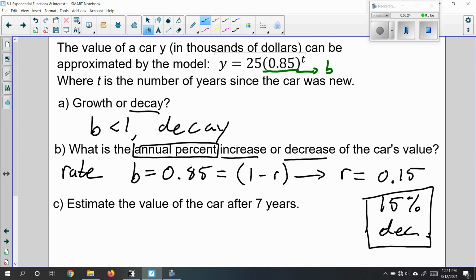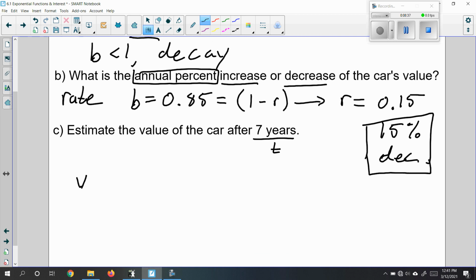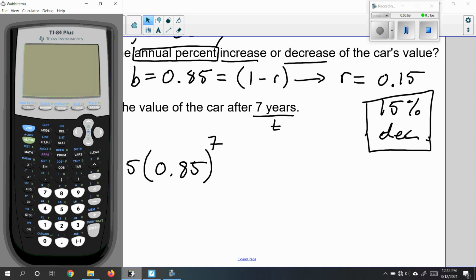Now they're asking us to estimate the value of the car after 7 years. Well, they've given us the time, which is t. So all we need to do is plug 7 into the model to solve. So y equals 25 times 0.85 to the power 7. So we just plug this into our calculator.